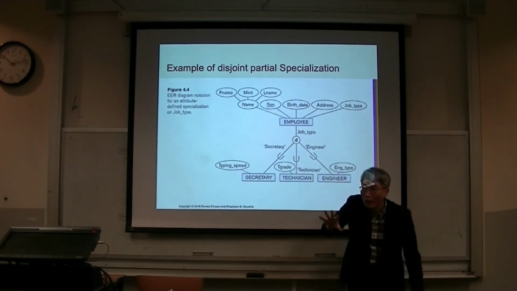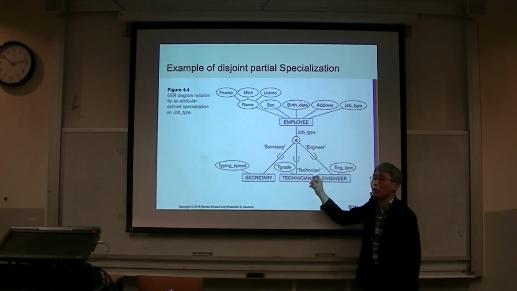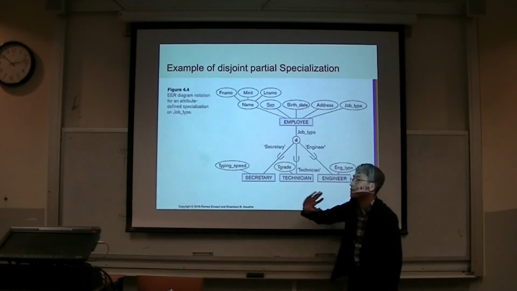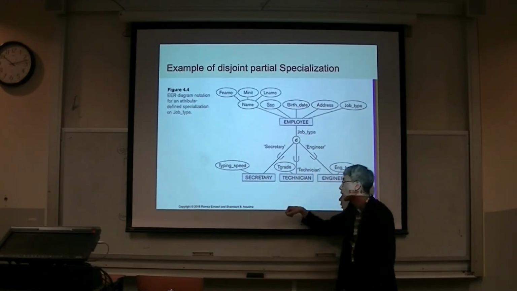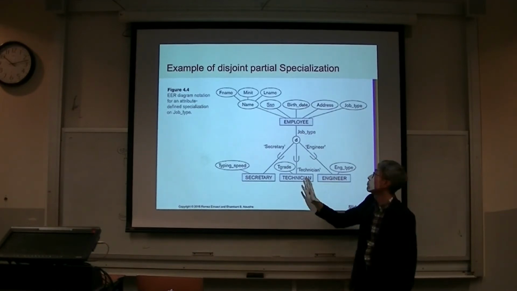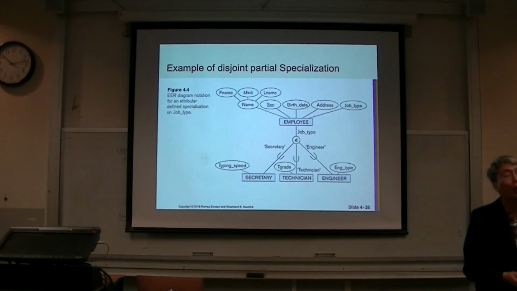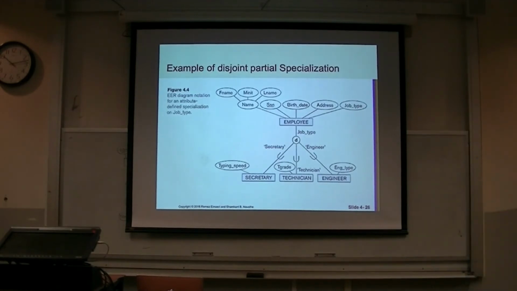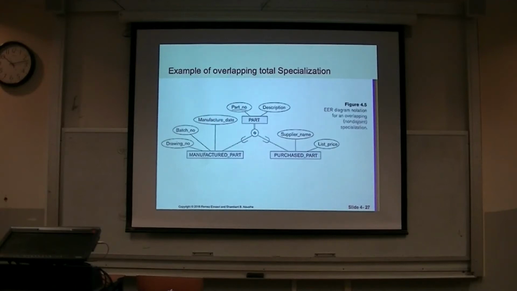But if an employee is one of these, it should be either secretary or technician or engineer. Okay? So that is the meaning of disjoint and overlap and also completeness, partial and total, the mandatory or not. This is the meaning of this.